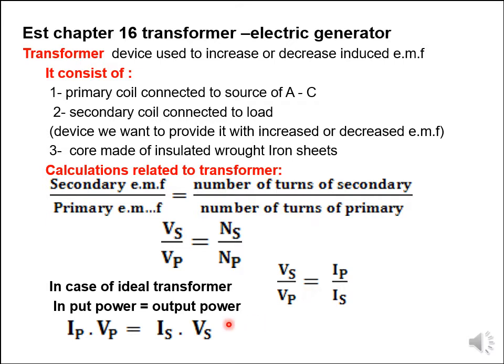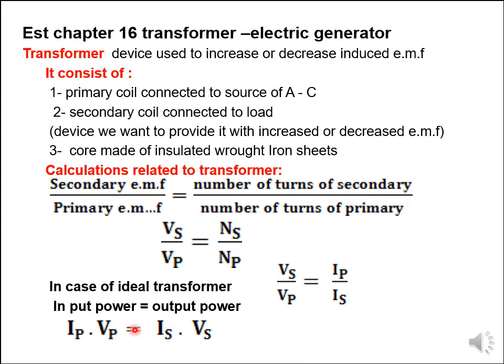From here, in the ideal transformer, the input power, which is the electric current passing through the primary coil multiplied by the potential difference between the ends of the primary coil, equals the output power, the electric current intensity through the secondary coil multiplied by the potential difference between the ends of the secondary coil. Of course, all of this is measured in watts.